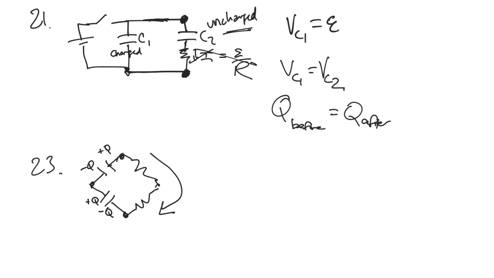And then of course recognizing that this potential and this potential have to be the same: if VAB is 0, then those are at the same potential. So the potential across this is the same, and the potential across this and across this is the same.